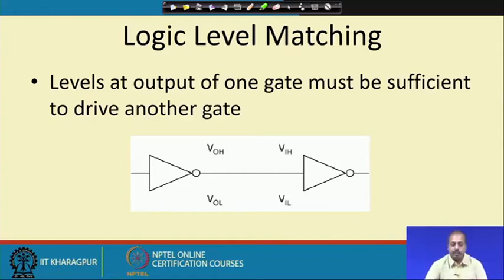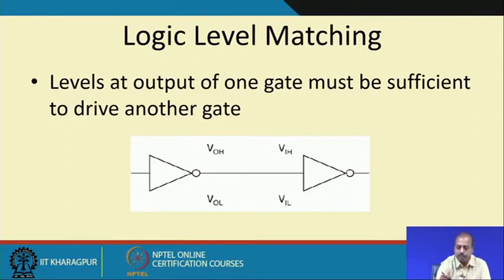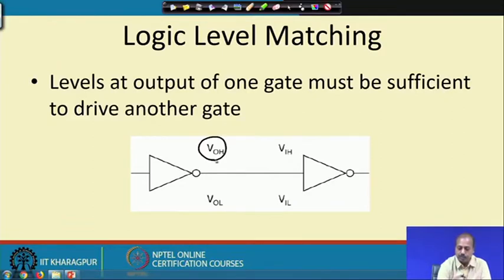Consider this situation: we have two gates. Both are inverters in this case, but it need not be an inverter. The output of one gate is feeding the input of another gate. When the first gate outputs a high, that voltage level is VOH. This VOH should be sufficient for the second gate to take it as high.